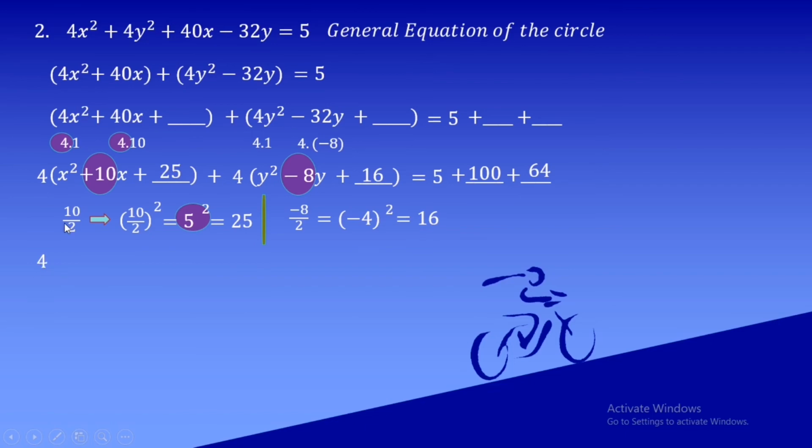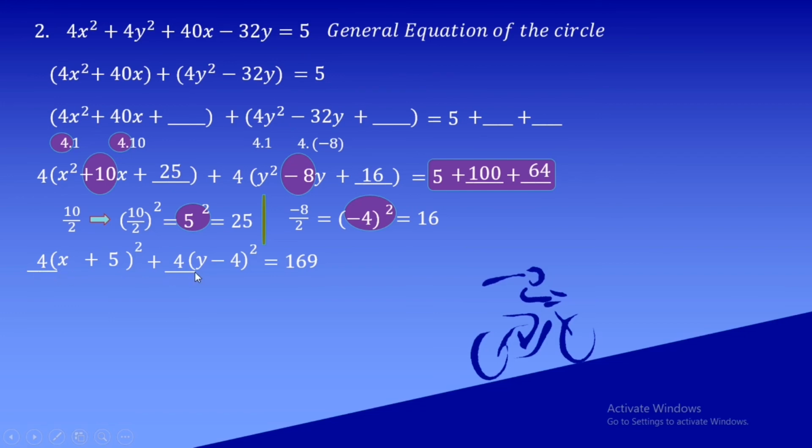Then this trinomial is equivalent to this squared: x plus 5 raised to 2. Then for the y part, 4 times the quantity y plus negative 4 raised to 2, is equal to the sum of 5 plus 100 plus 64, that would be 169.